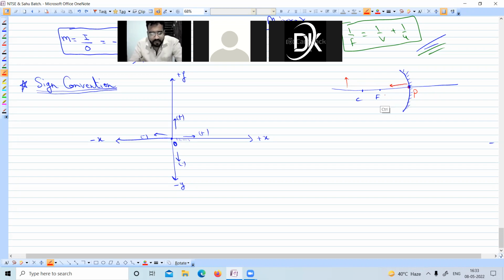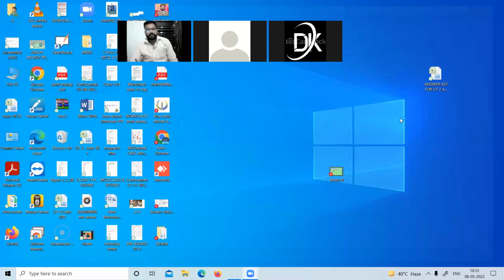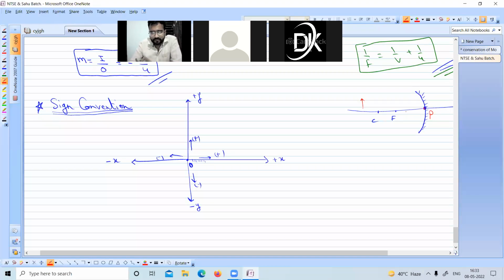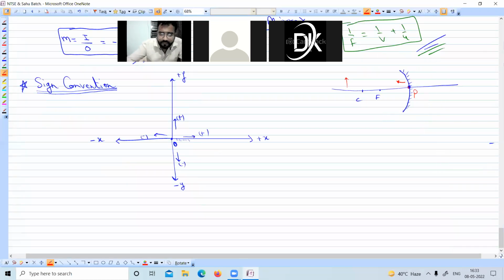Again, suppose the object is here, so u will be negative because from the pole you have to move this way. If you have to move in this direction, it would be negative. If you want to measure focal length, it would be negative.